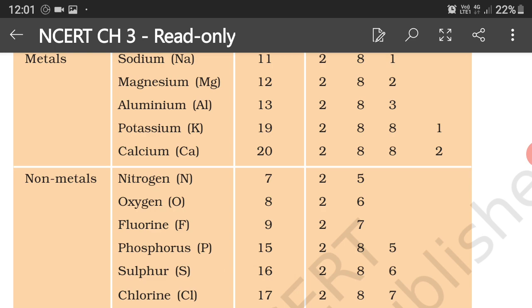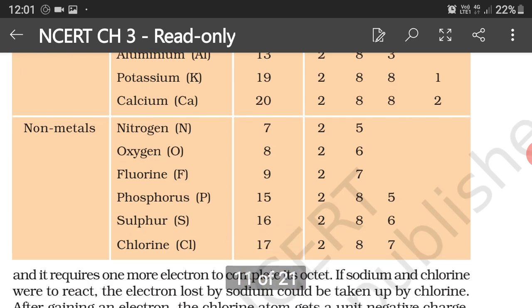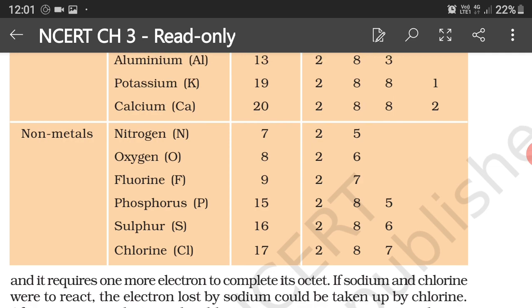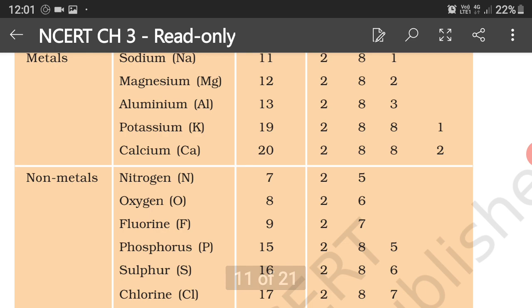Similarly, if we talk of fluorine here or chlorine, which has the configuration 2, 8, 7, it takes one electron from sodium, then the number of electrons becomes 18 and the number of protons remains the same as it was earlier because it has not gained any proton.